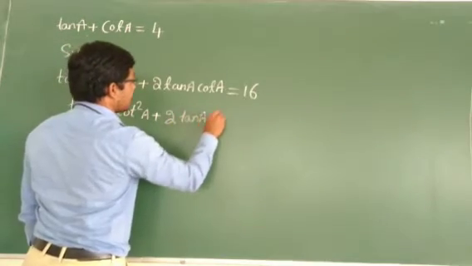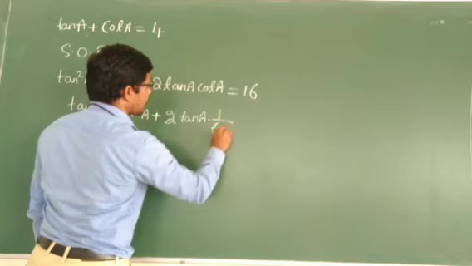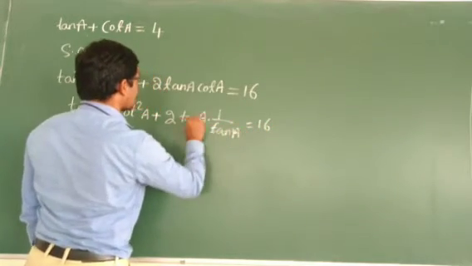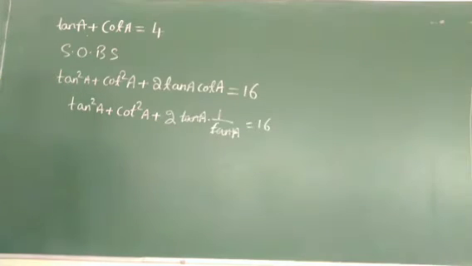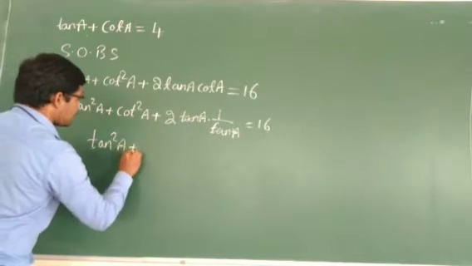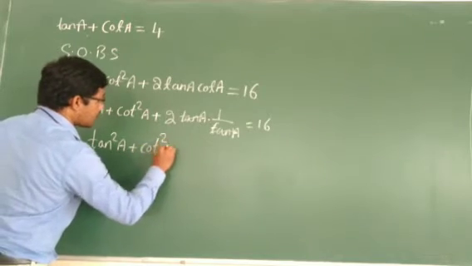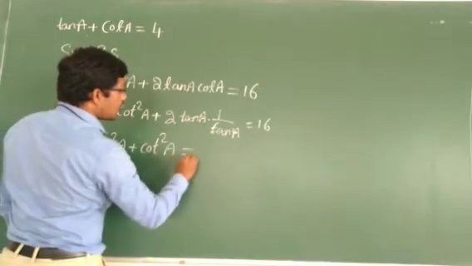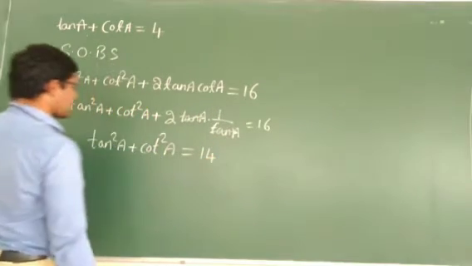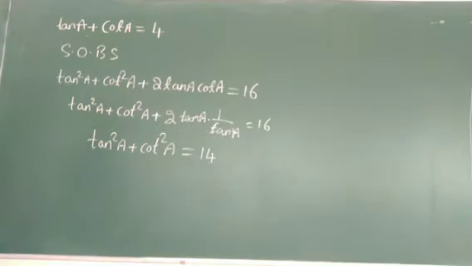You can write cot A as 1 by tan A, so the product is 1, and 2 into 1 is 2. So what we get here is tan square A plus cot square A equal to 16 minus 2, that will be 14.